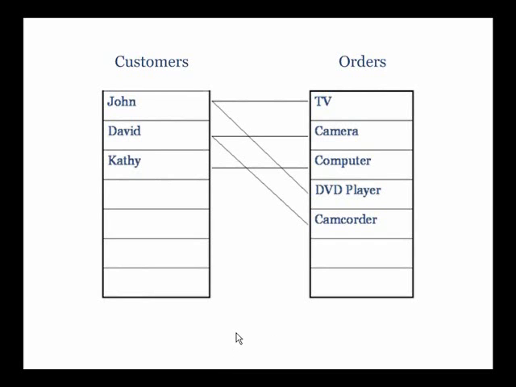A database does a lot more than splitting customers and products into different tables. It maintains relationships between these tables, and it makes it easy for us to join these 2 tables together and produce reports.